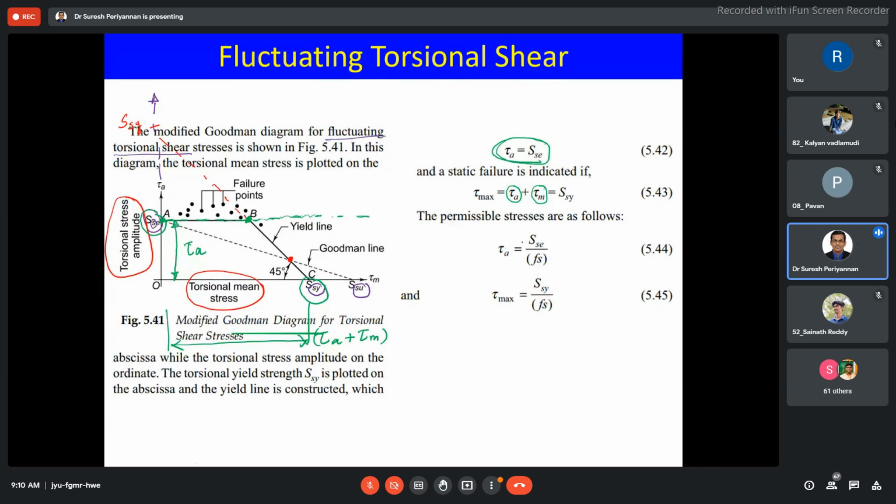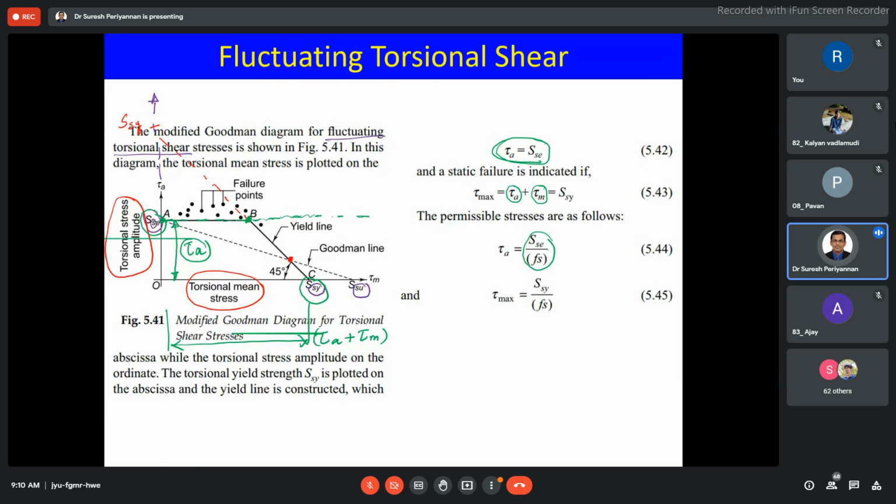If tau A is less than the SSE, then it will be in a much safer region. Hence, we are introducing Fs on the y-axis, the shear strength with respect to fluctuating torsional shear, the shear endurance limit strength.